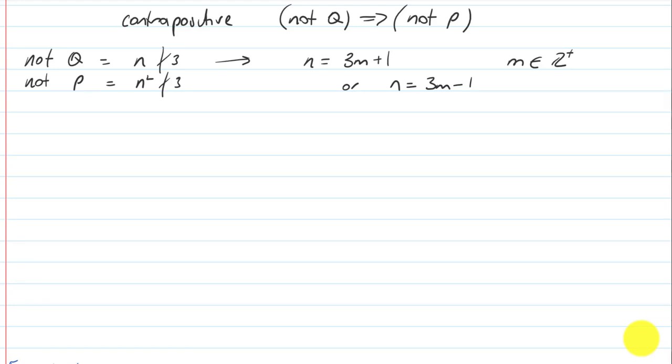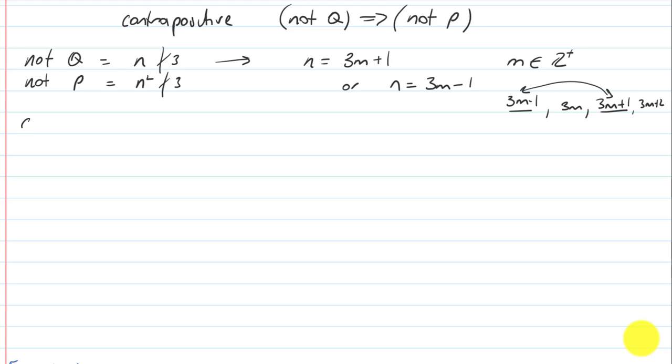Now you could do plus 2 as well, that would equally work, but I'll do plus 1 and minus 1. So imagine we have 3m minus 1, then 3m, then 3m plus 1, then 3m plus 2, and then 3m plus 3, which is again divisible by 3. So we're going to use these two, either side of a number that's divisible by 3. So to get the number 9, we're dealing with the number 8 and number 10, either side.